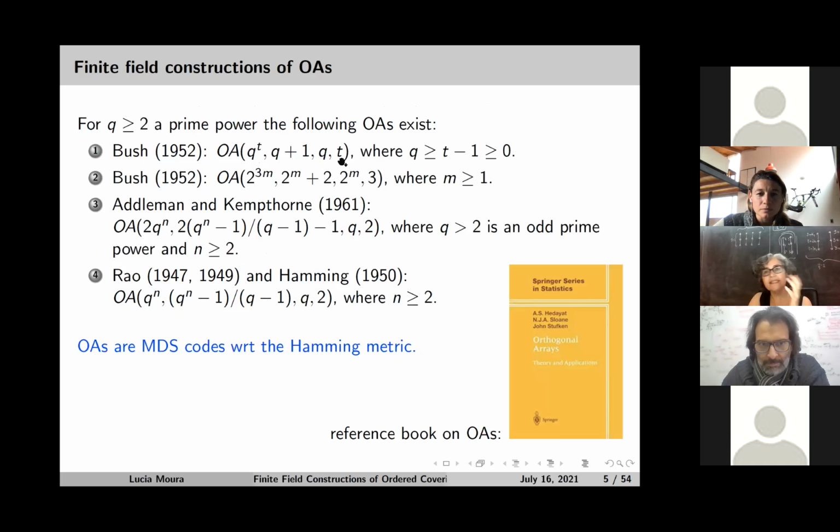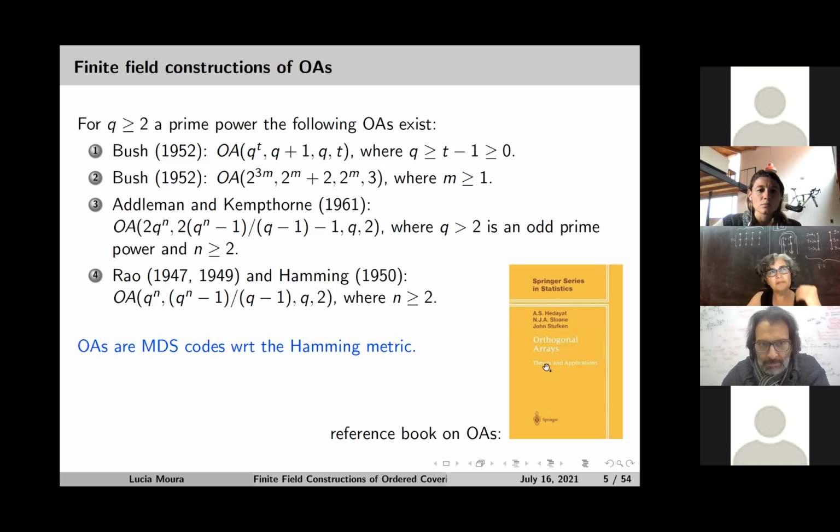This is similar to Reed-Solomon codes, where you use polynomials to build the code. These are going to be the rows of this array, but then you add an extra column. It's possible to add an extra column. So this is well studied for a long time.